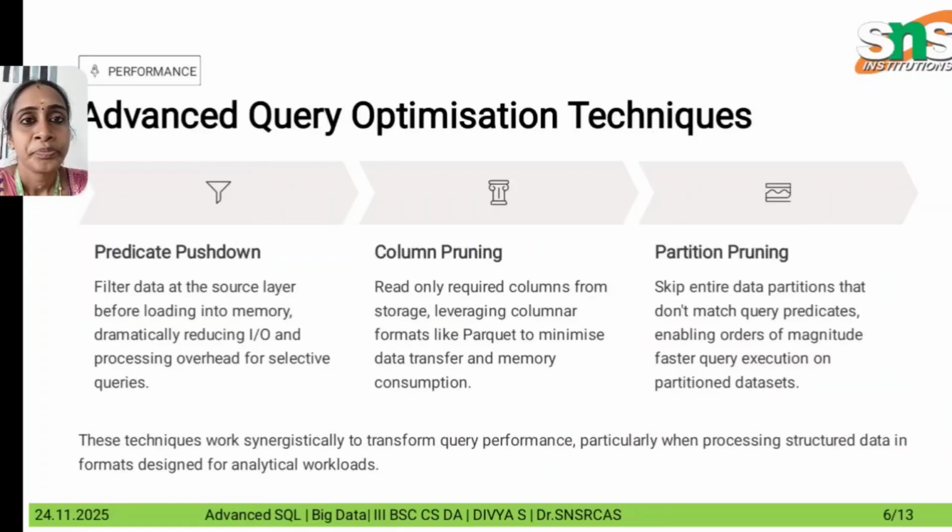seamless integration between SQL queries and programmatic transformation. Now the advanced query optimization techniques. Predicate pushdown filters data at the source layer, before loading into memory, dramatically reducing I/O and processing overhead for selective queries. Column pruning reads only the required columns from storage, leveraging columnar formats to minimize data transfer and memory consumption.